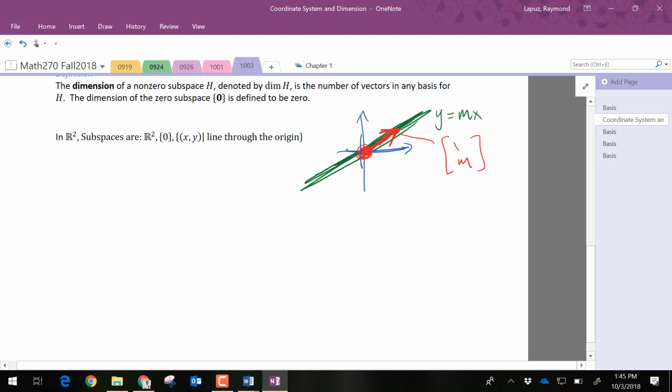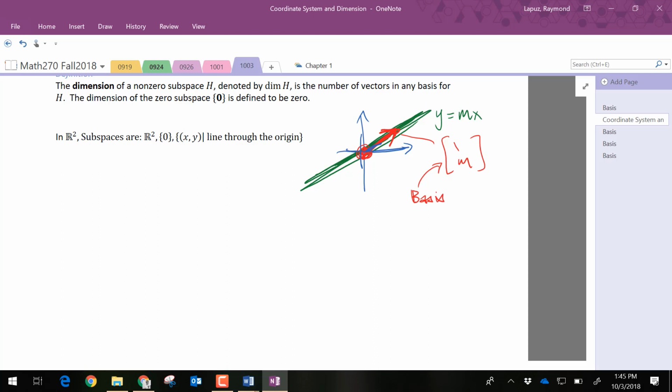Is that right? Yeah, m over 1. Okay. So if this is my basis, that's my basis for this subspace, and that's it. And so I have a basis vector that describes my subspace.